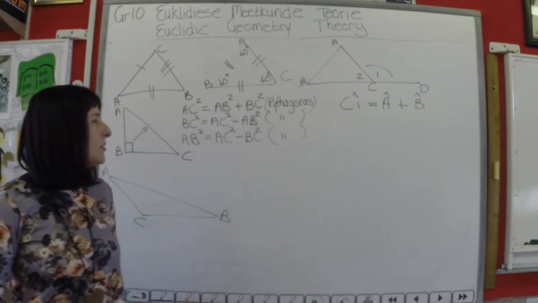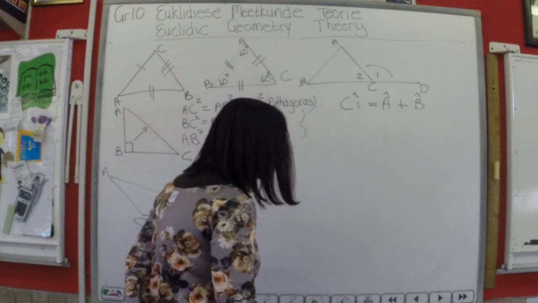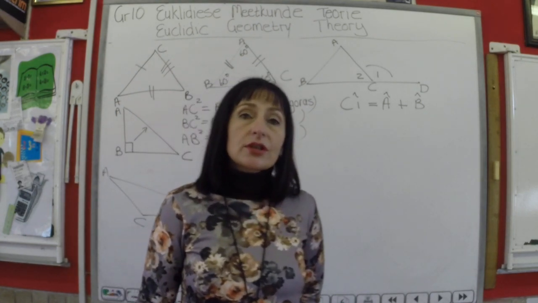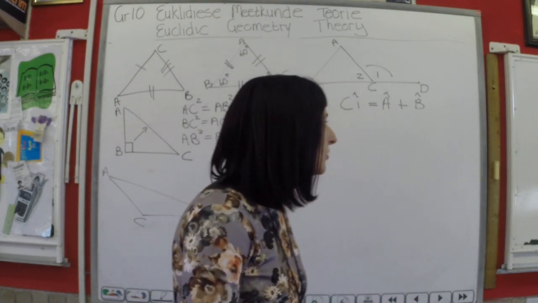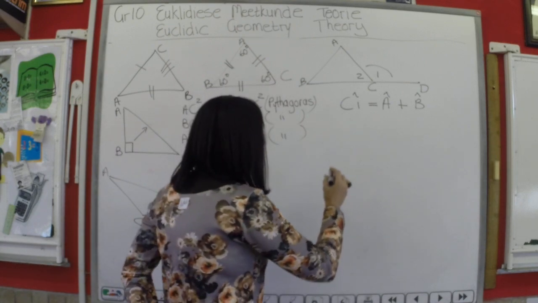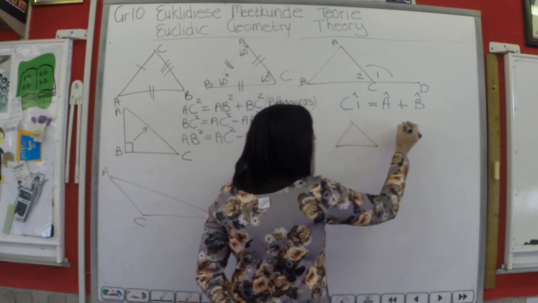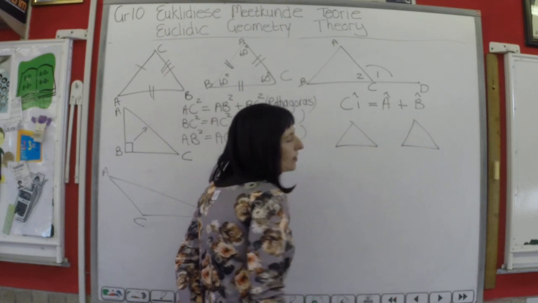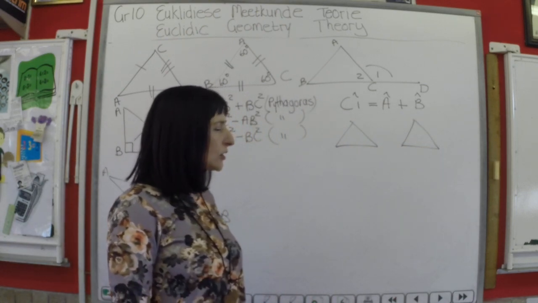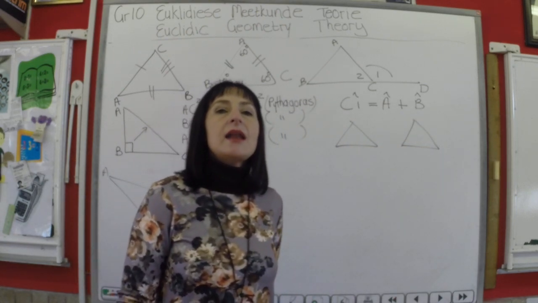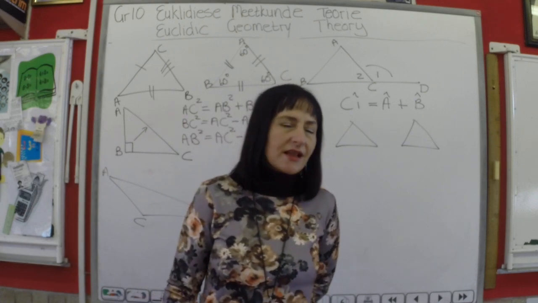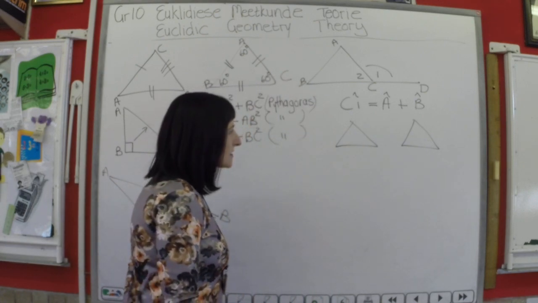Very important. Then we are quickly back at congruency. Congruensie het ons in graad 8 en 9 gedoen. There's 4 reasons for congruency. Congruency is about triangles. Driehoeke wat kongruent is, beteken hulle is identies dieselfde. Exactly the same.